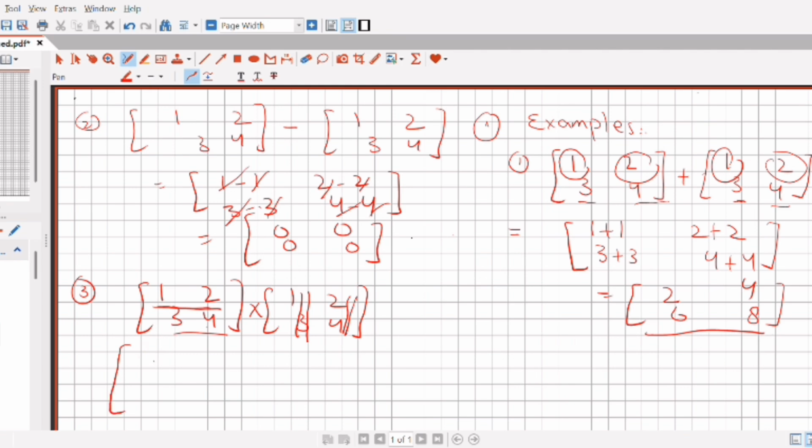So 1 multiply 1 plus 2 multiply 3. Also first row with second column, 1 multiply 2 plus 2 multiply 4. Second row with first column, 3 multiply 1 plus 4 multiply 3. Second row with second column, 3 multiply 2 plus 4 multiply 4.